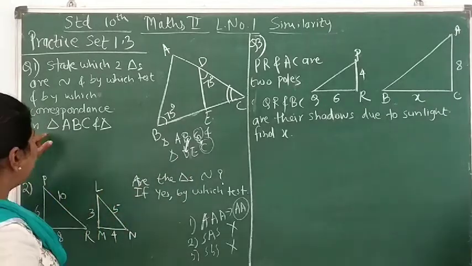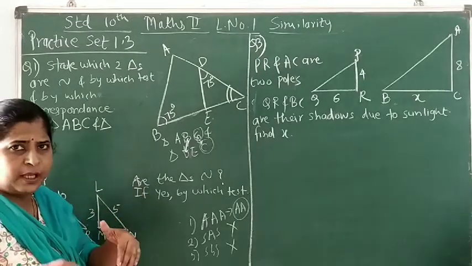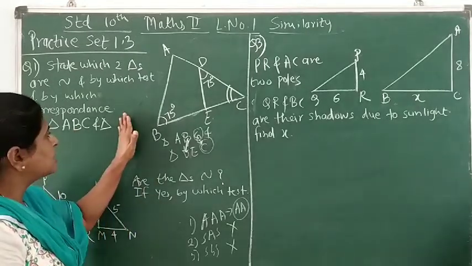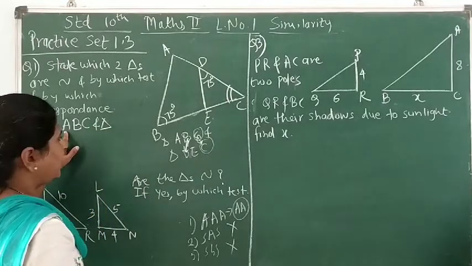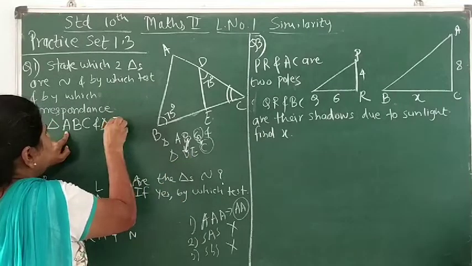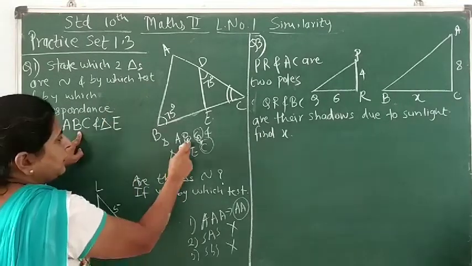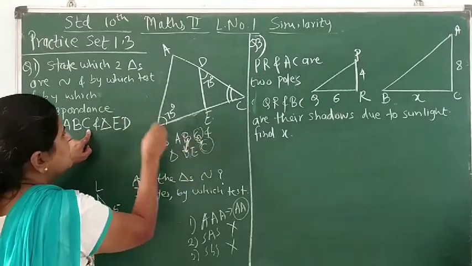You have written the first triangle's name in any way, by alphabet, but for writing the second name, you always go by the correspondence. For A, what is the remaining letter? It is E. So corresponding is with E. With B, the corresponding is D. And with C, the corresponding is C.